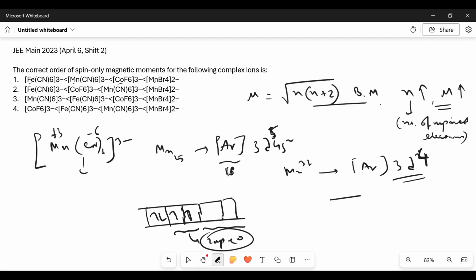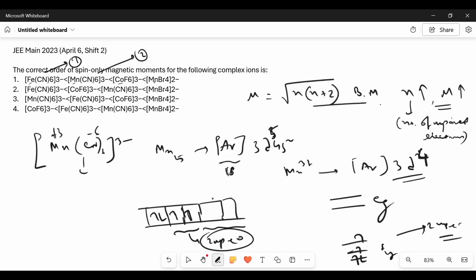In case of CFT, you check T2g and eg. So how will it fill? 1, 2, 3, 4. So there are also two unpaired electrons. So number of unpaired electrons in case of Fe(CN)6 3 minus we get 1, and in case of Mn(CN)6 3 minus we are getting 2. Now in case of CoF6 3 minus we will see.